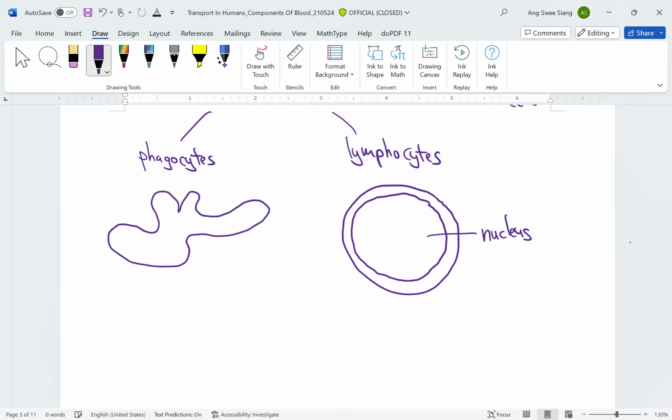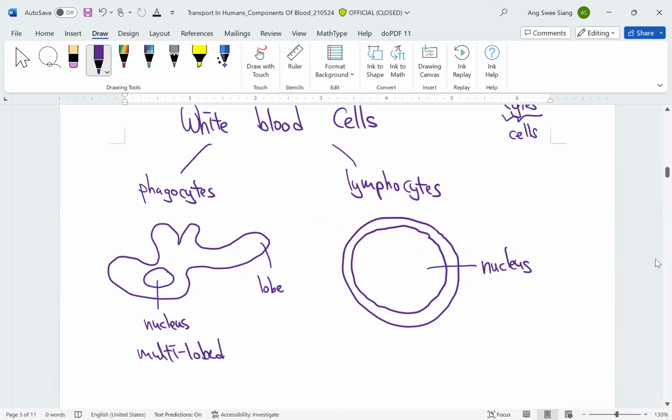So it will look something like this. And the nucleus will not be so big, the nucleus will be smaller. So it is multi-lobed, each of these is a lobe. So phagocyte has this multi-lobed appearance. So there are two types of white blood cells, phagocytes and lymphocytes.